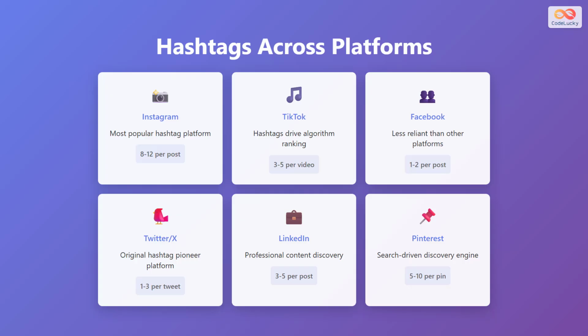Twitter, the original pioneer of hashtags, typically uses 1 to 3 hashtags per tweet. LinkedIn, the professional networking platform, uses 3 to 5 hashtags per post for professional content discovery. Pinterest, which functions as a search-driven discovery engine, uses 5 to 10 hashtags per pin. Understanding these platform differences helps you use hashtags more effectively.